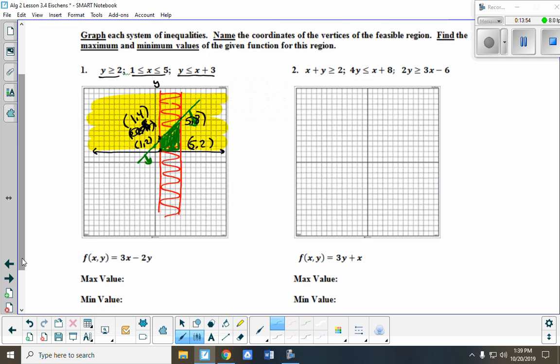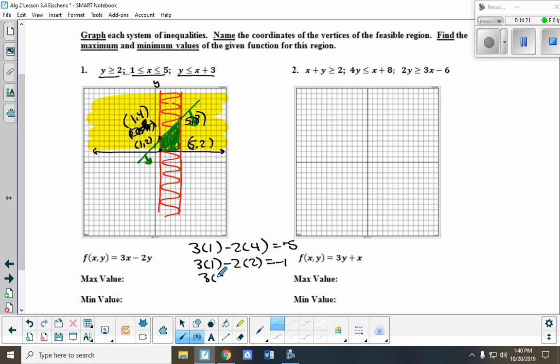Now we're given an objective function here, 3x minus 2y. So what we do is substitute in the x and y for each of those. So 3 times 1 minus 2 times 4 would be 3 minus 8, which is negative 5. And 3 times 1 minus 2 times 2 would be 3 minus 4, which is negative 1.